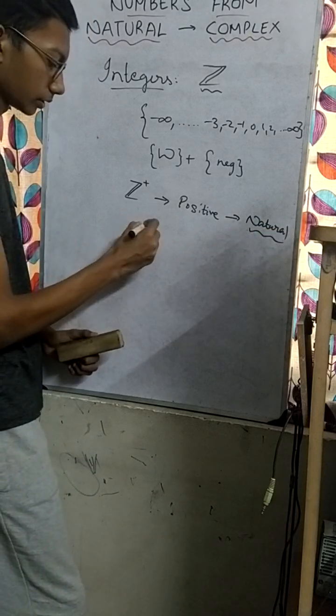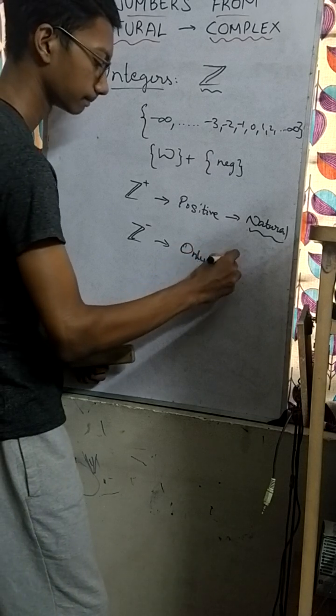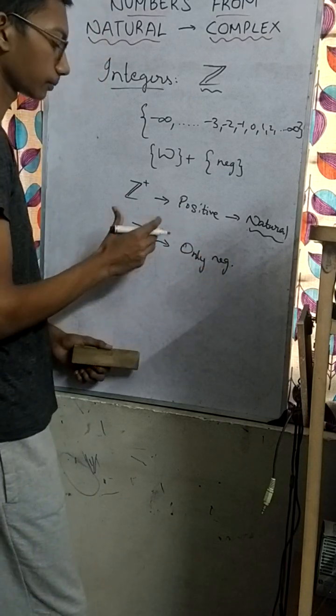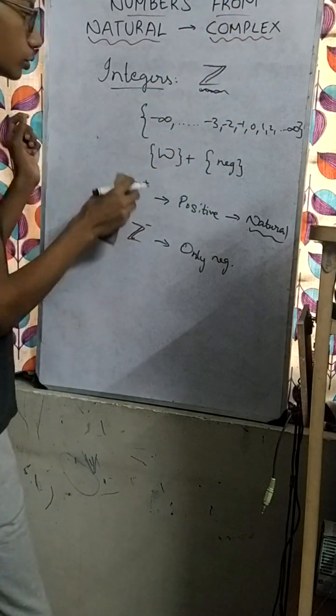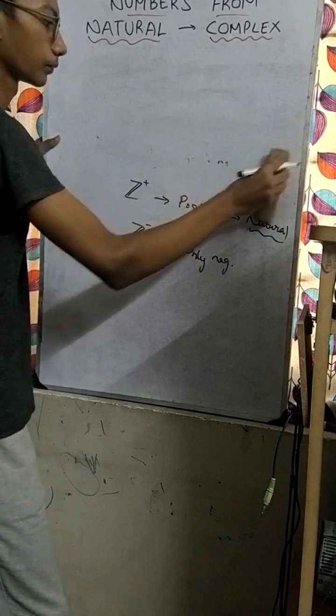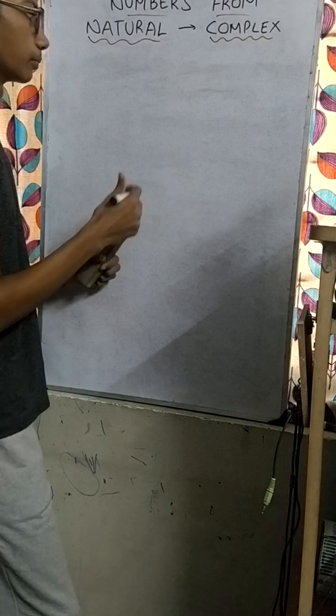Somewhere you can see it like this, which means only the negative numbers. So these two symbols you can see somewhere, but this is the symbol to denote integers as a whole. So this is integers. From integers we will go to rational numbers.